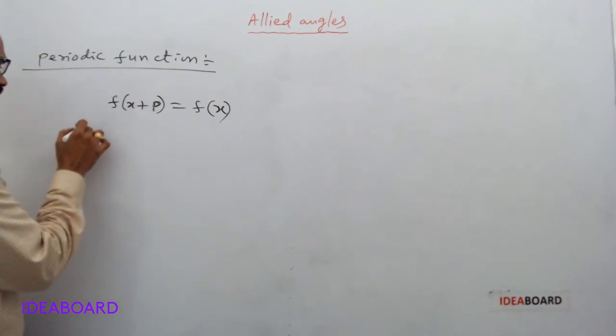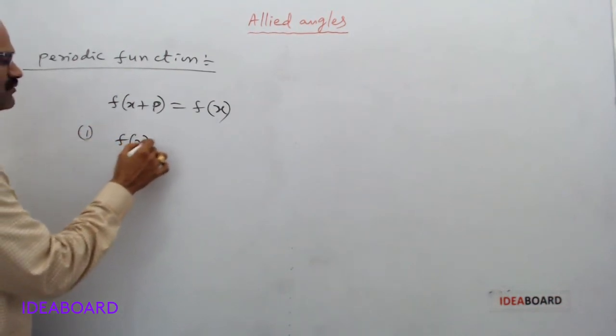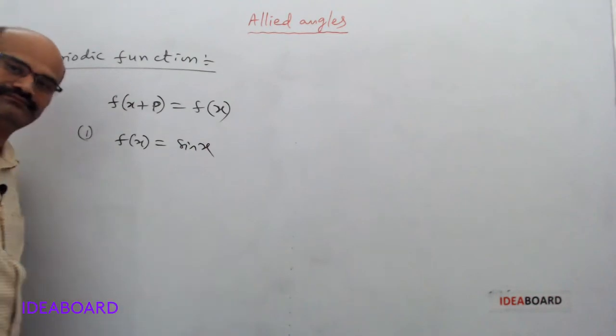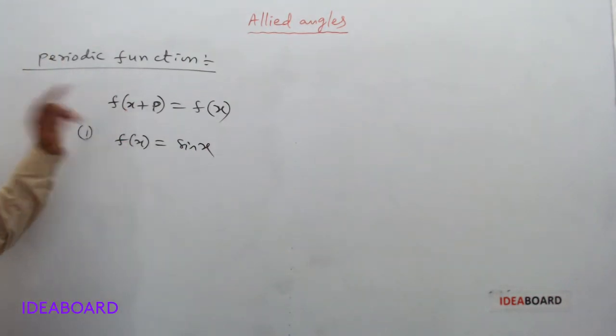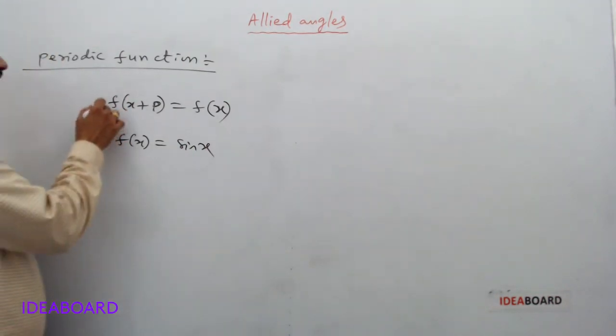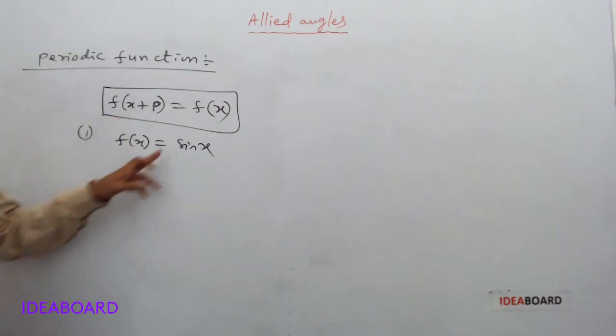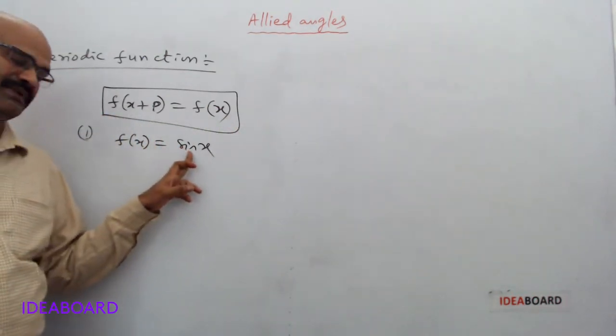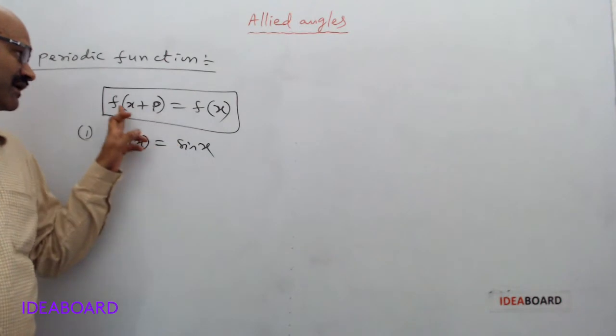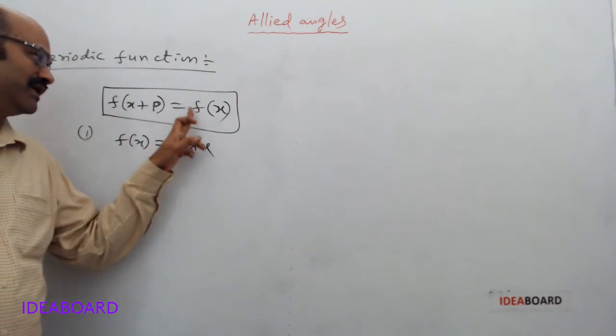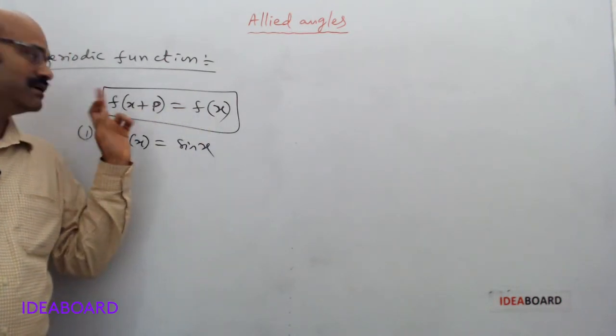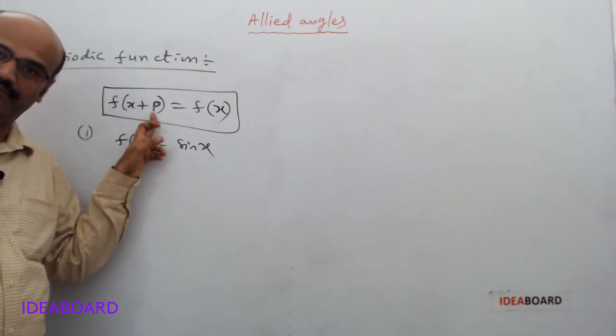For example, take f of x equal to sin x. I told you that a function f of x is said to be periodic if f of x plus p equal to f of x, where p is the least positive value.